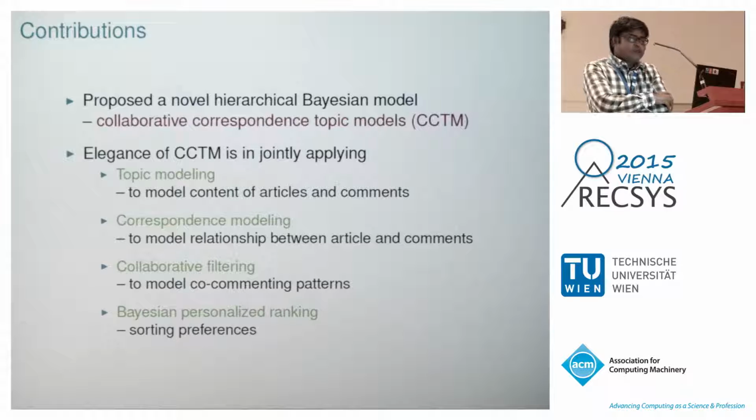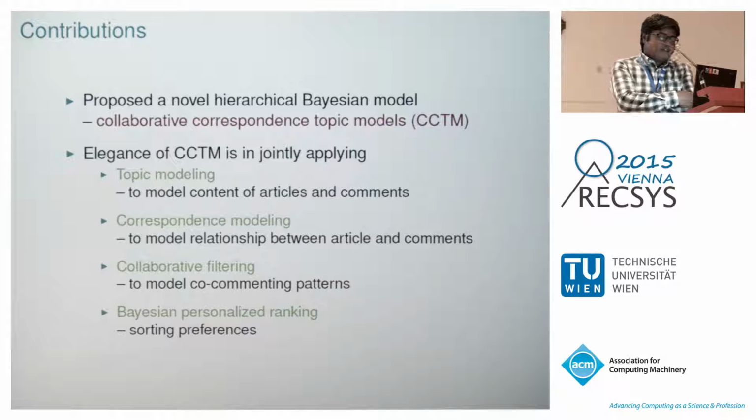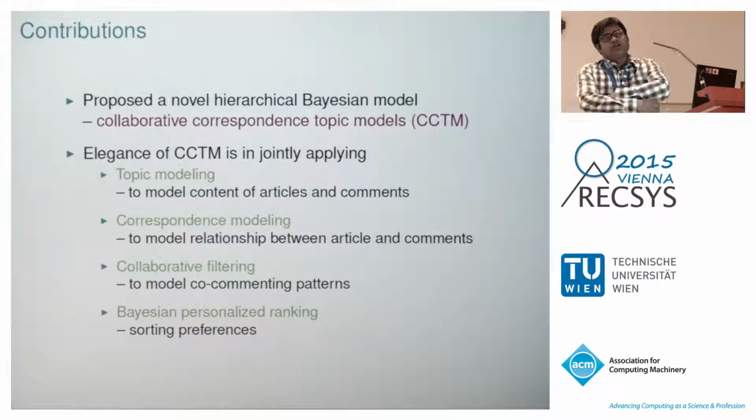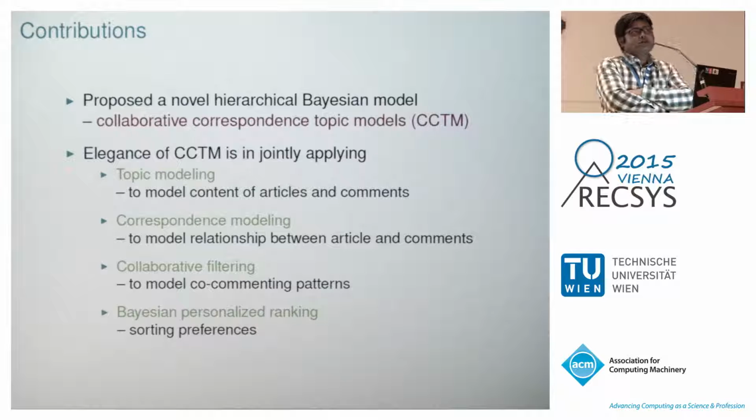We propose the collaborative correspondence topic model in this paper, which combines topic modeling, correspondence modeling, which is about modeling the relationship between comments and articles, and collaborative filtering to model the co-commenting patterns. After we compute the scores, we rank using a Bayesian method of personalized ranking.